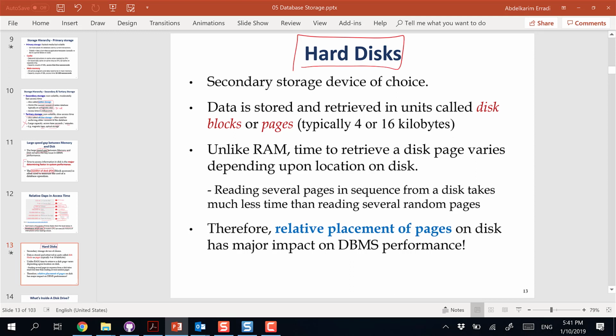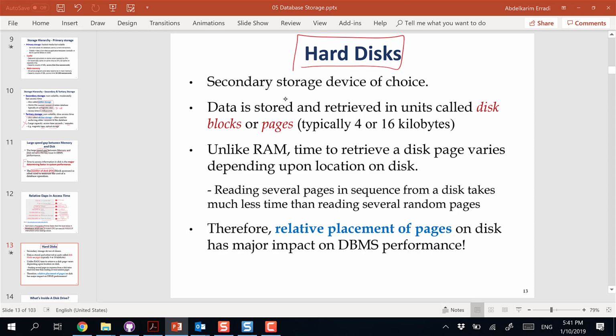But by and large, the disk-oriented, hard disk-based databases are still dominant. So that's why we need to spend a little bit of time understanding the hard drives. And this will help us design our storage engine in a better way.